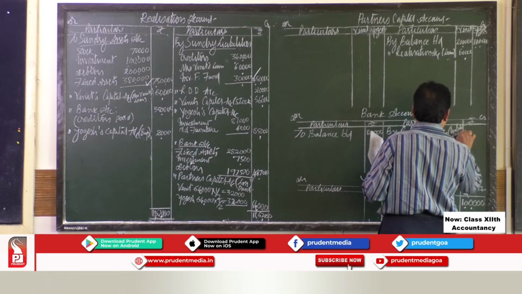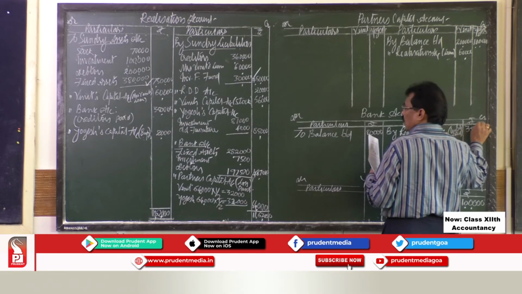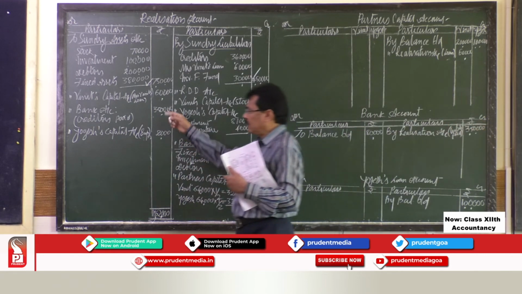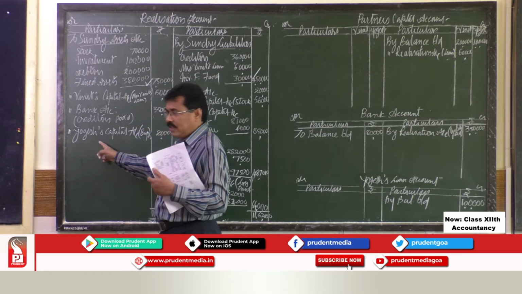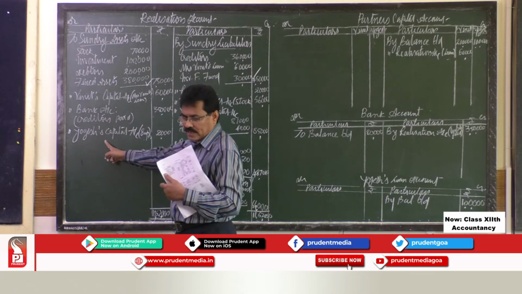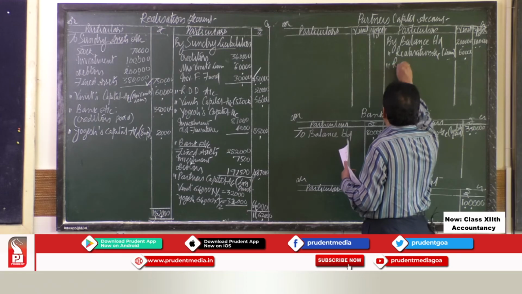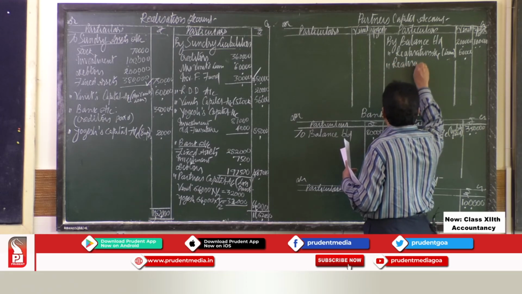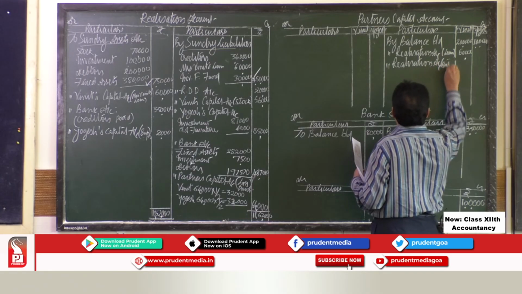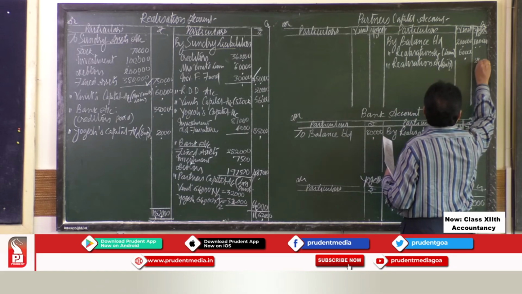Liabilities paid is rupees 3,50,000. Now the next one is Yogesh capital account. How do we read this? Realization account debit to Yogesh capital account. In Yogesh capital account, by realization account, this is for the expenses paid by Yogesh. It is rupees 2,000.